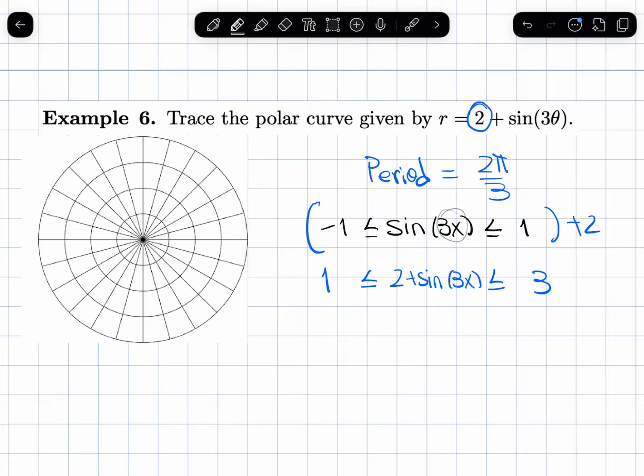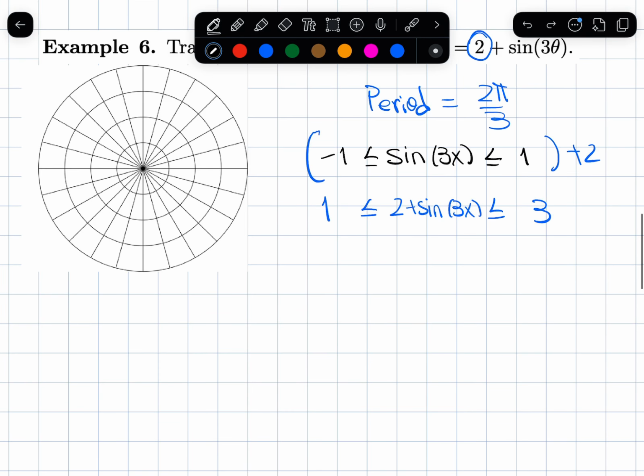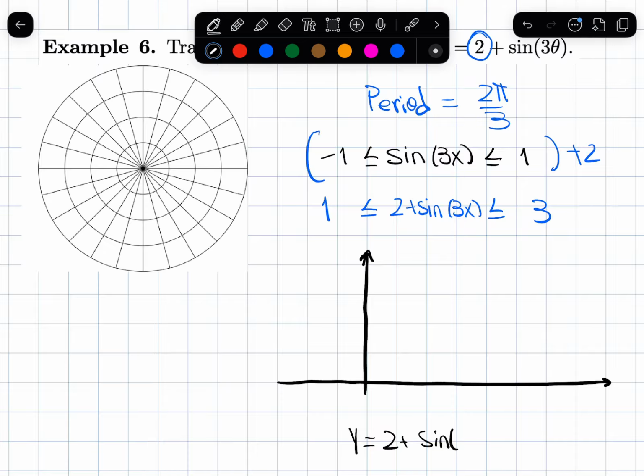This is actually x, because I'll begin not by plotting graphs in terms of theta, but I'll graph in terms of x. Y equals that thing first. So I'll be graphing y equals 2 plus sine 3x first.